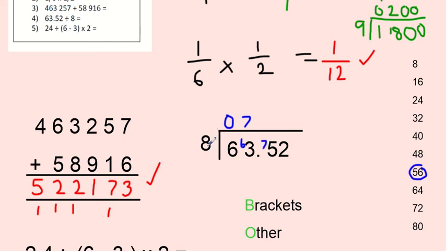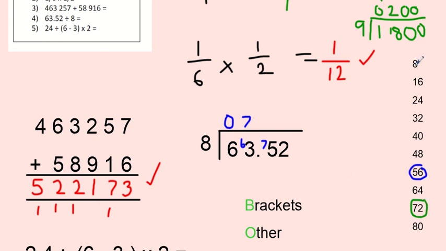Okay, now we're thinking 8 into 75. So how many times does 8 go into 75? Let's have a look down our multiples to help us. How close can we get first of all? Oh, 80 is too far, that's past 75. So 72 is as close as I can get.